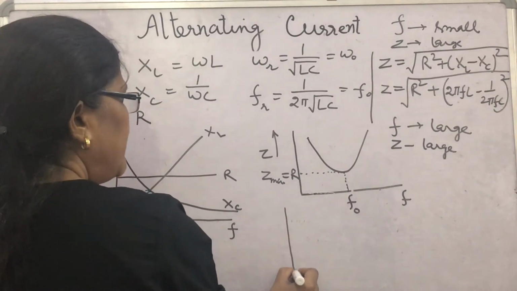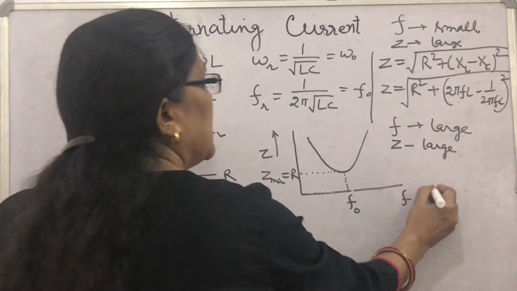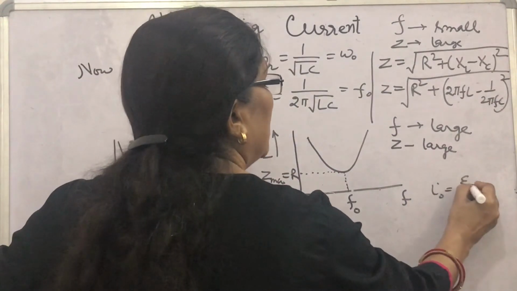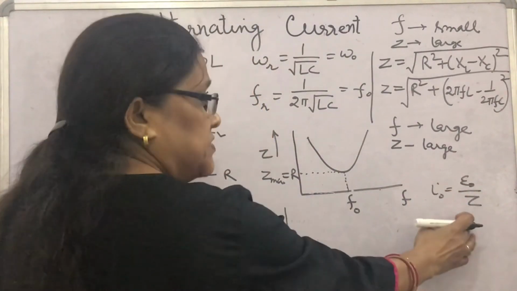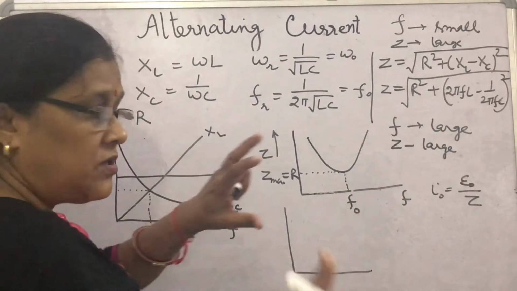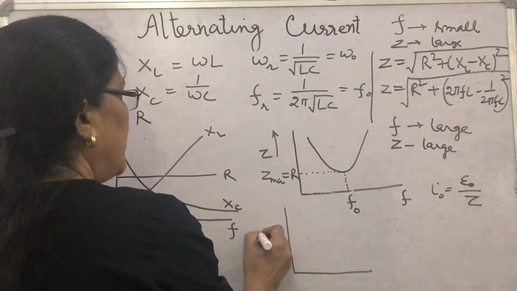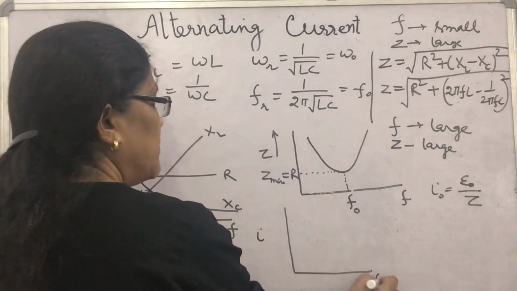What will be the graph for current? You know, current is E naught upon Z. If Z is minimum, then current will be maximum. You can reverse the graph. You will find the graph for current versus frequency.